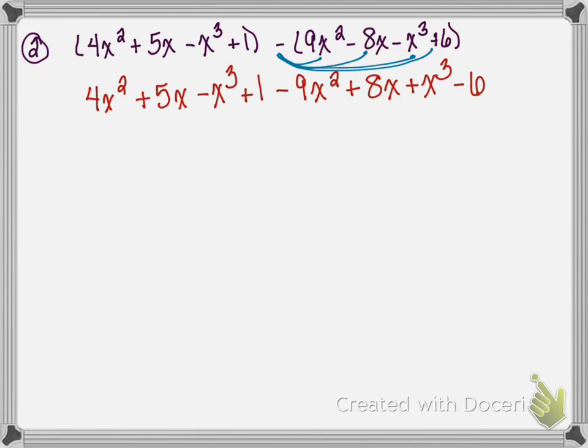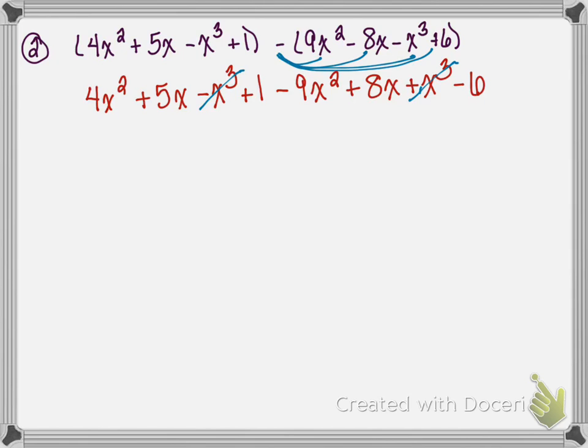But as it's written right now, x to the third is our highest exponent. Okay? So traditionally, you're going to want to deal with that first. So you've got negative x to the third and positive x to the third, and they do cancel out. And it cancels out nicely, and it makes things a little bit easier on us. Okay? But that is awkward because it's not in descending order.